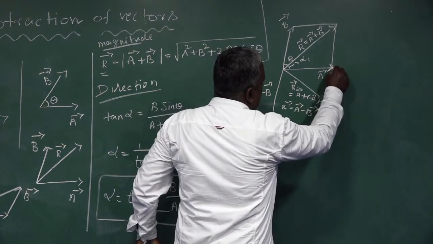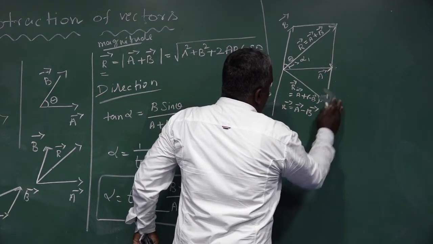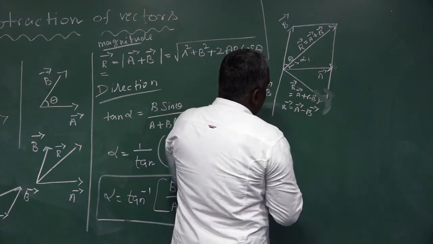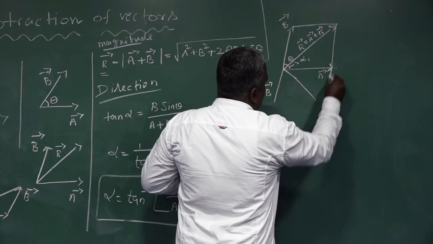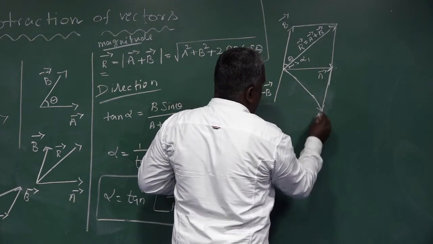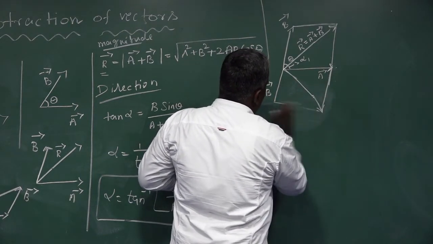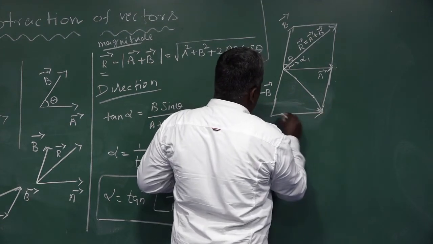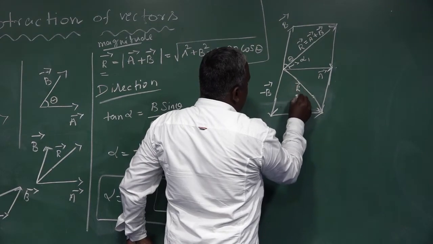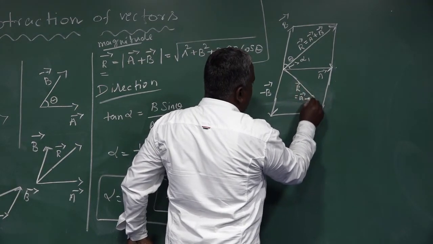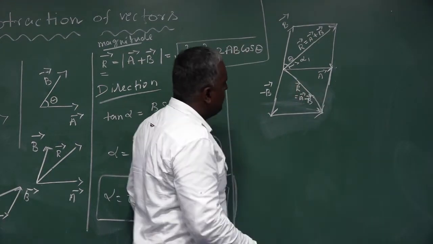Therefore, join it like this. This is minus B vector. This is the resultant vector, A vector minus B vector.